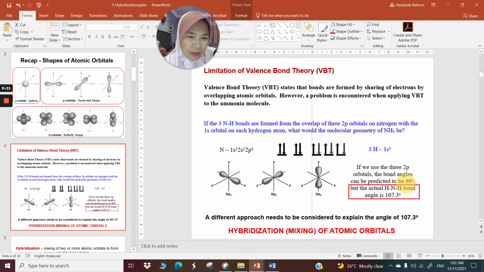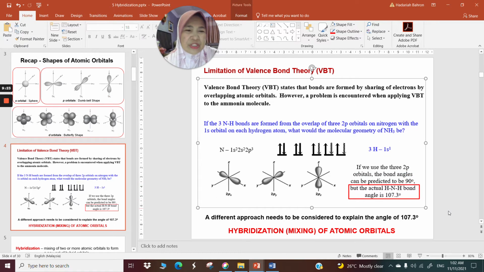Oh, I'm sorry, this is not moving well. Through the prediction, we are saying that the three 2p orbitals with bond angles of 90 degrees to each other are going to make the H–N–H angle 90 degrees, according to the valence bond theory.